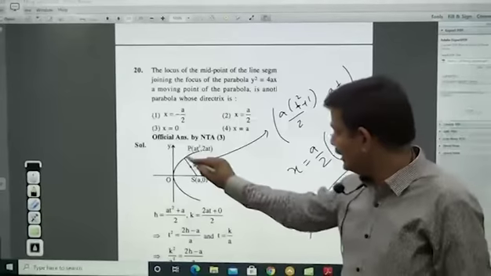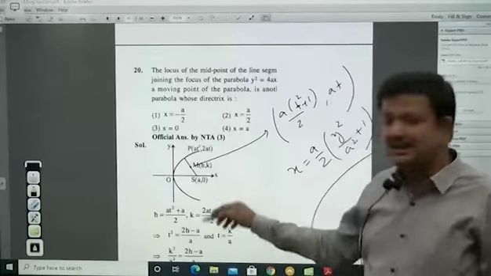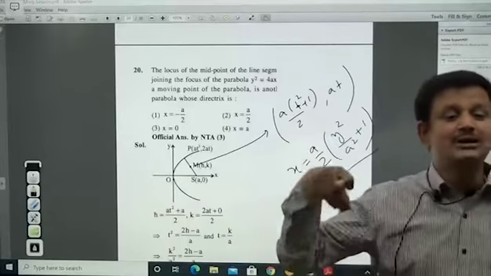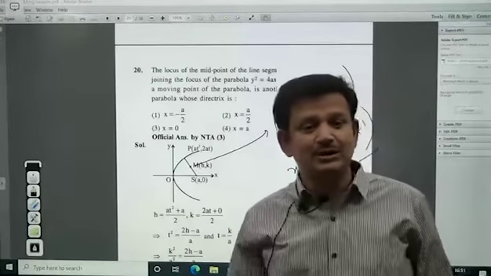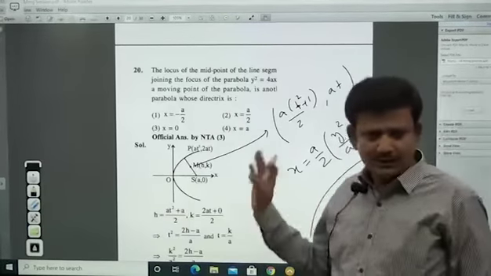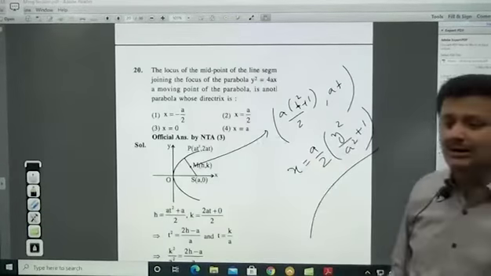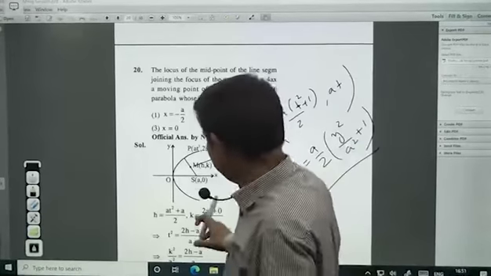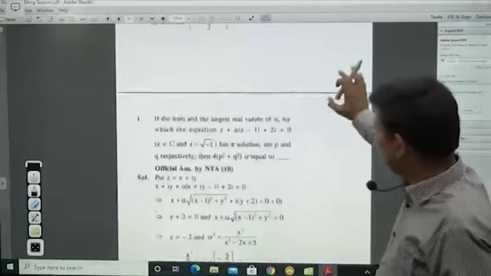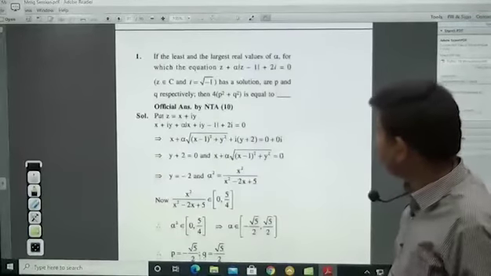So, how to find this point? It is 2H minus A comma 2K. What is specialty of that point? It will lie on the parabola. Substitute in the parabola equation y square is equal to 4x, you will get the locus. Either you can eliminate the parameter or you can directly do it in any one of the methods. So, simple question, absolutely no confusion here. You might have done lot of questions like this.